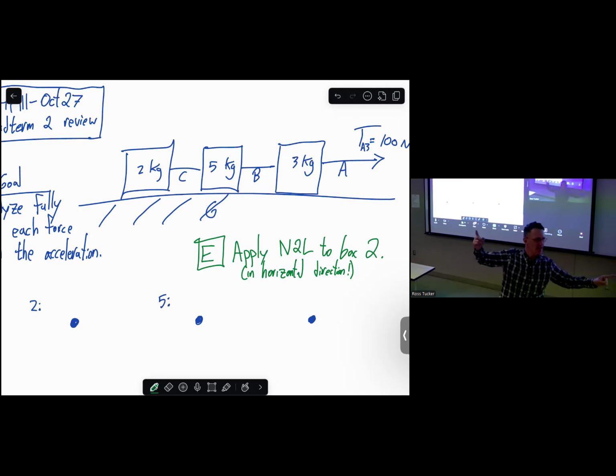What's the name of the horizontal force acting on 2? How do we name this? TC2, TC2, not TENSION, not T, not F. As I said 3 times up there, please listen to instructions when I give them. Name it with the triplet that we just did.